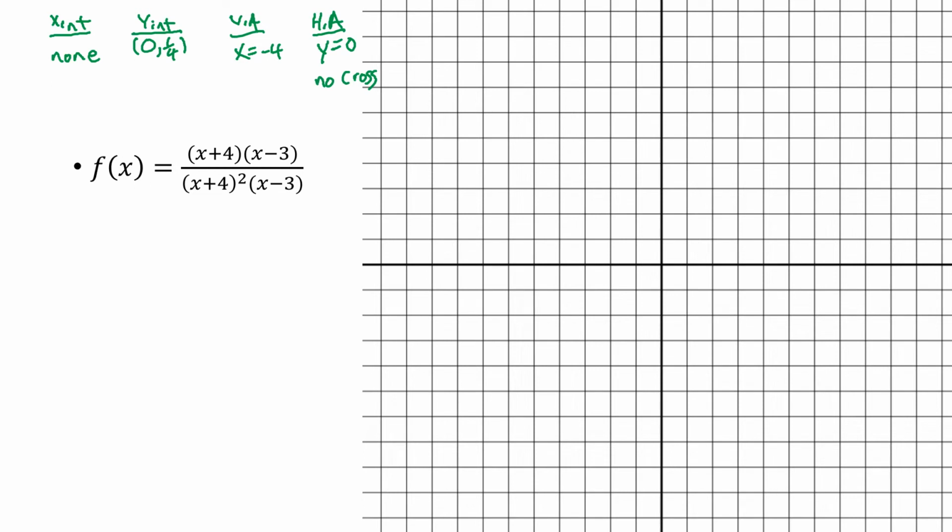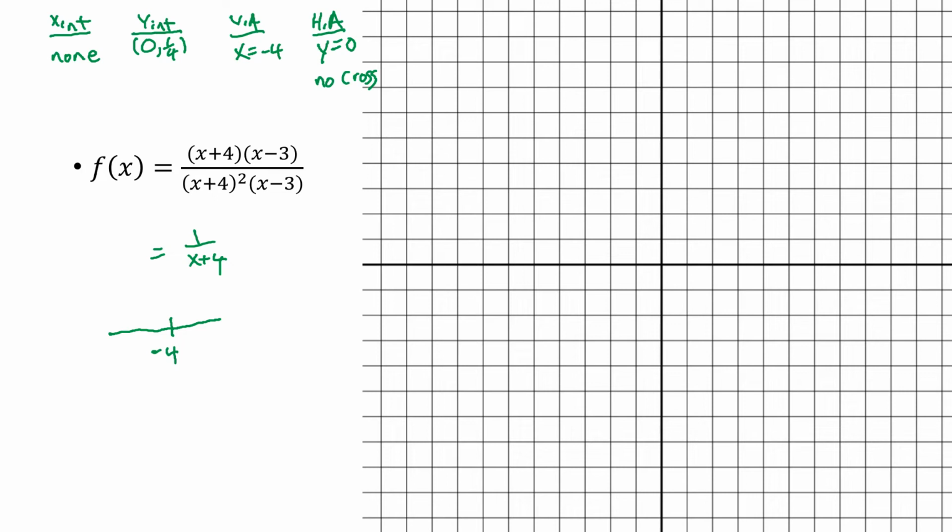Now let's do the sign chart. Remember, our simplified form for this particular rational function was 1 over x plus 4. So it's a lot easier to do the sign chart for that than the original function. We're going to put anything that's an x-intercept or a vertical asymptote. There was no x-intercept, and the only vertical asymptote we had was -4. So -4 is the only number we're putting on the sign chart.